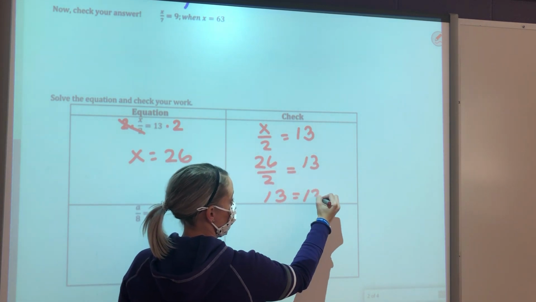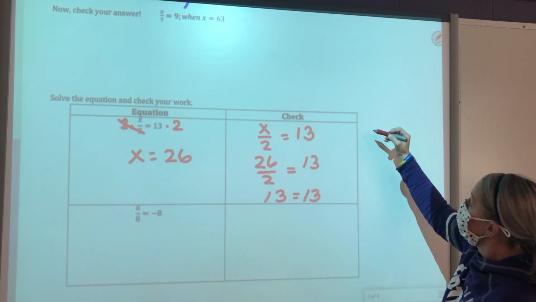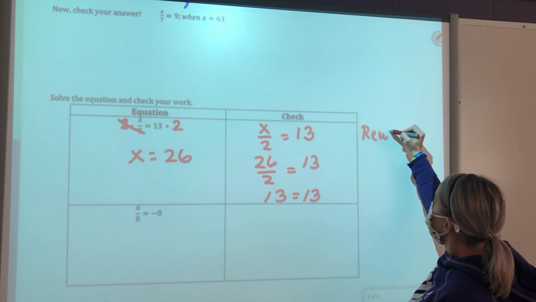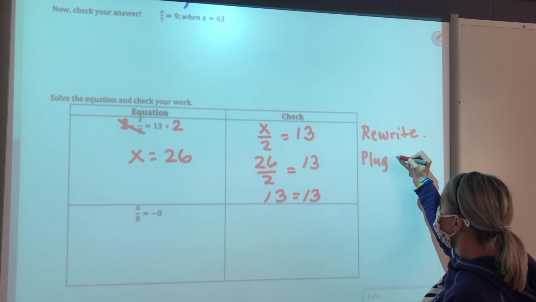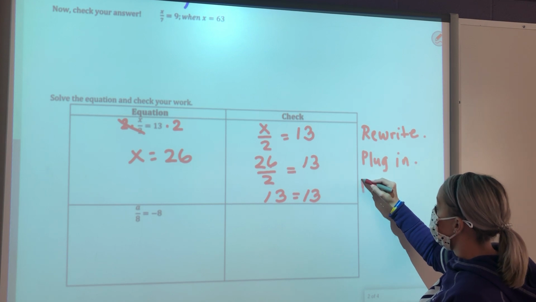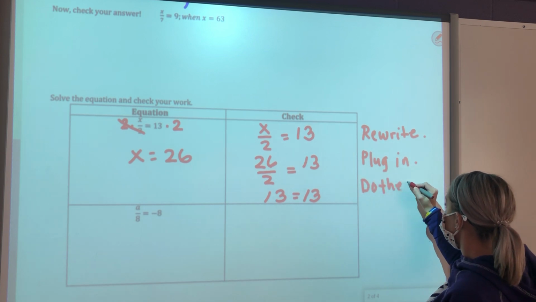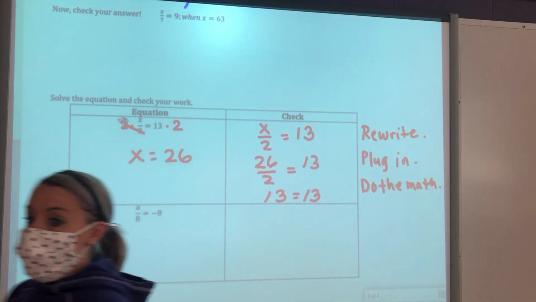Okay, so it's the same thing. Rewrite it. Plug in. Do the math.